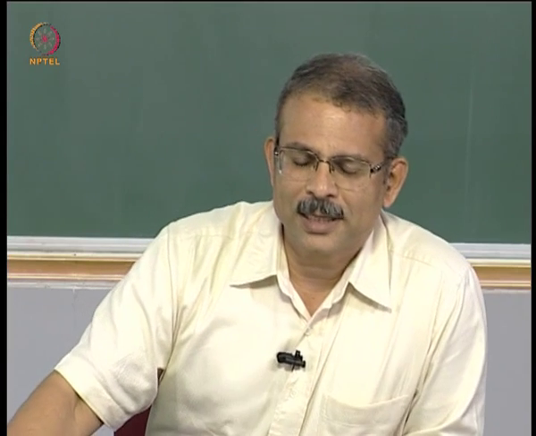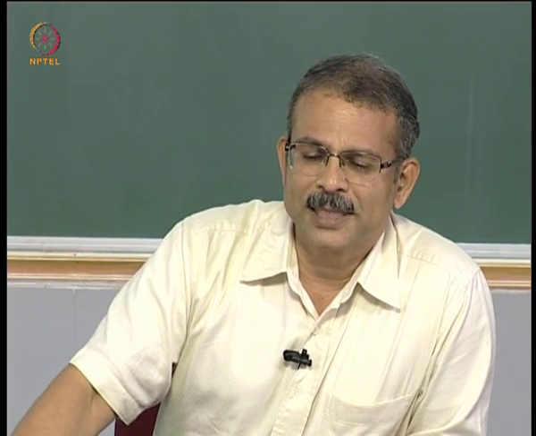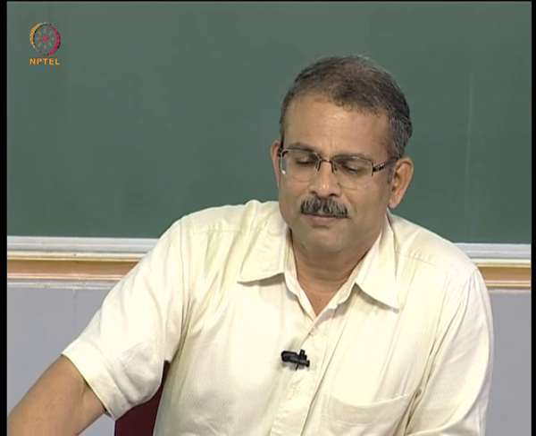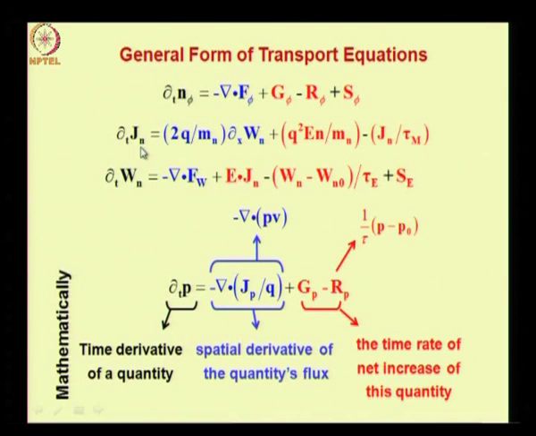Writing in terms of the current density, the momentum balance equation has this form. You have a time derivative of the current density on the left hand side, analogous to dou p by dou t, then you have the spatial gradient of the flux of Jn, which is the kinetic energy density term.